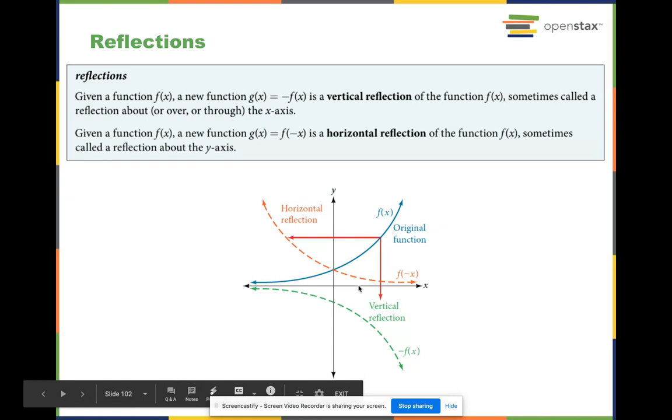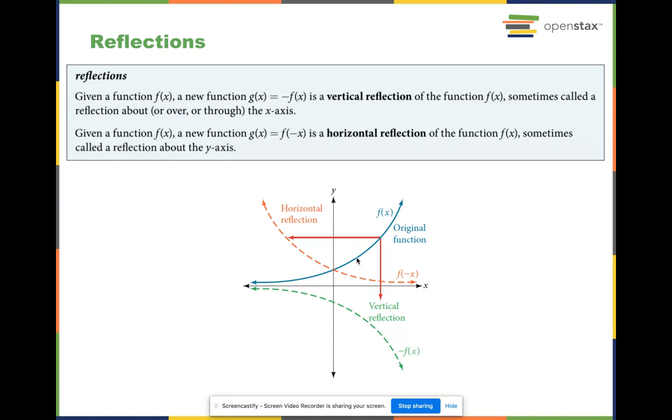If we had an x value, and f of x, our original function, gave us some value above the x-axis, then negative f of x would give us the negative y value as an output for that x value input. So negative f of x gives us a vertical reflection about the x-axis.